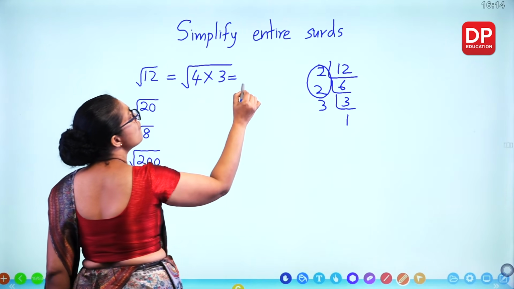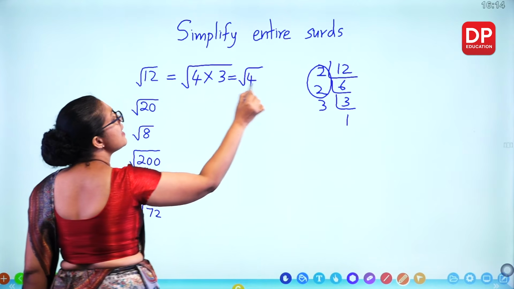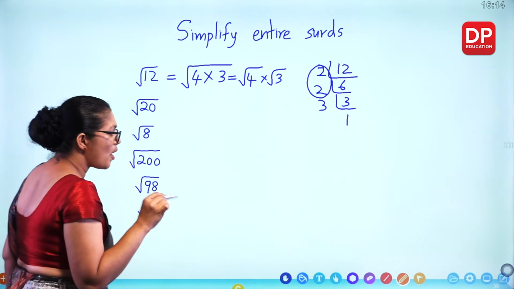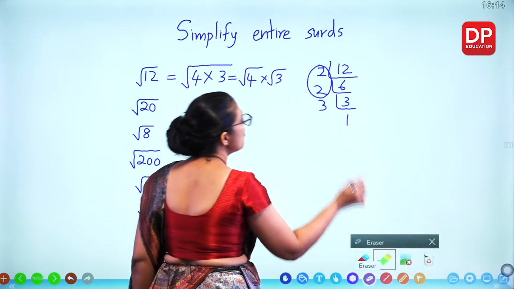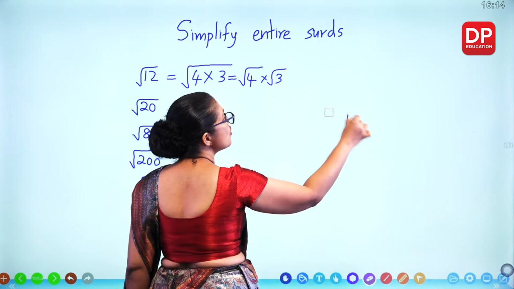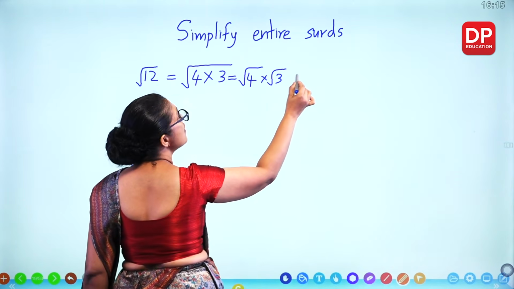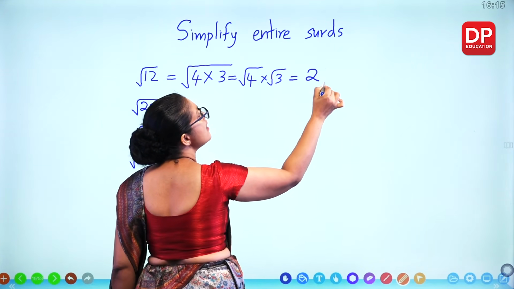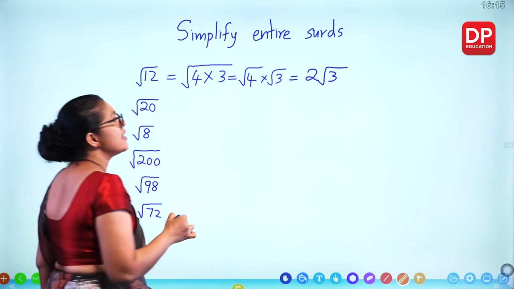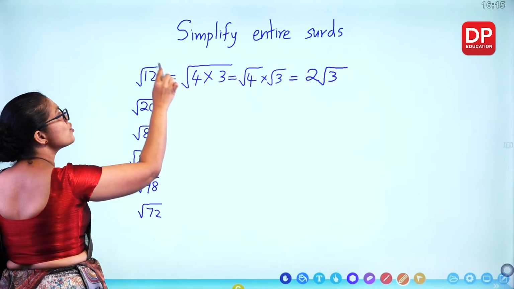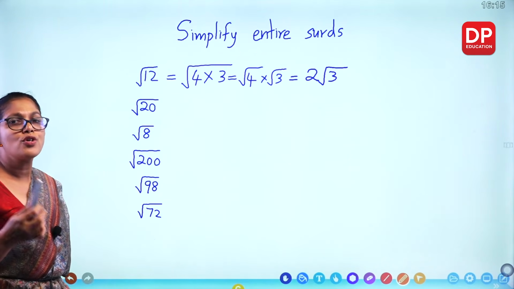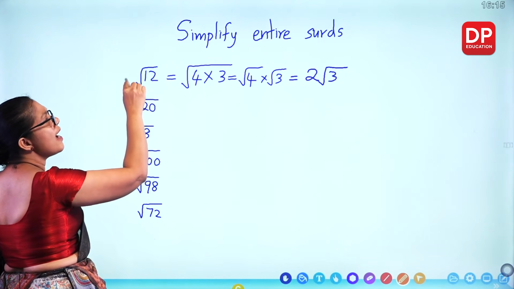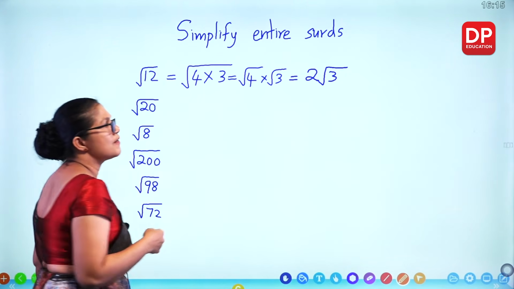Now square root of 4, I can write separately and multiplied by square root of 3. We know square root of 4 is 2. So instead of square root 4, I can write 2 and you get root 3. So now see, root 12 is equal to 2 root 3. So we can simplify an entire surd to a surd value.